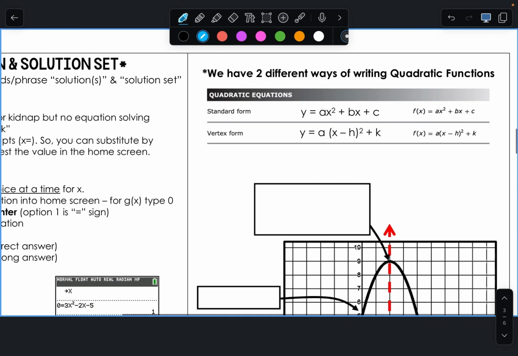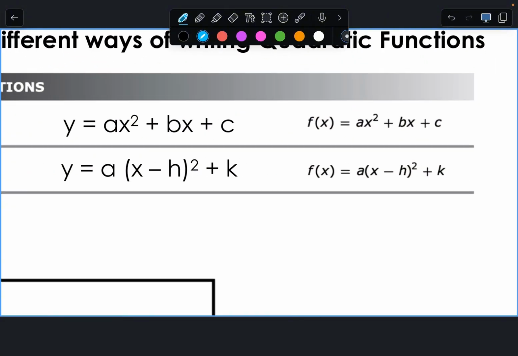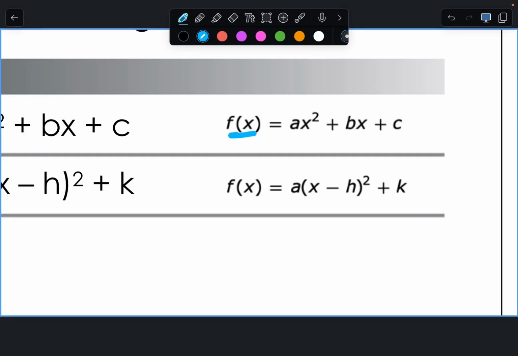Okay. So we have 2 different ways of writing quadratic functions, either in y equals or in function notation. If they write it in function notation with an f of x, it's going to look like this: x minus h squared. Oh wait, that's vertex form, sorry.